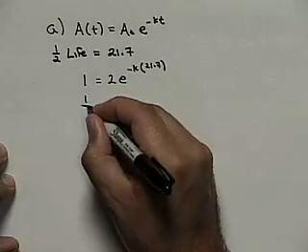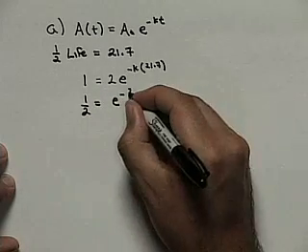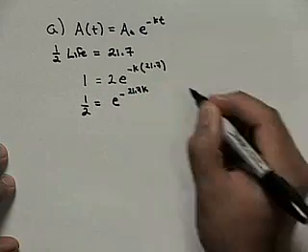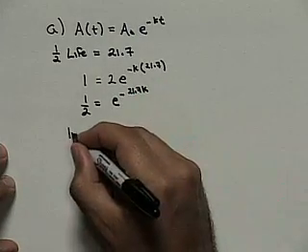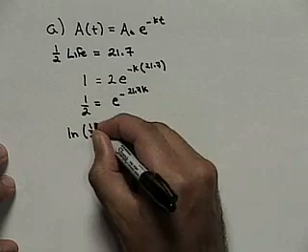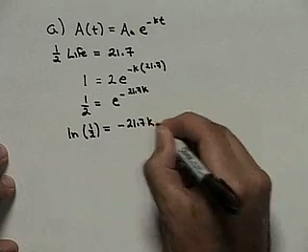Now we're going to solve this equation for k. We start by dividing both sides by 2, which gives us 1/2 equals e to the negative 21.7k. Taking the natural log of both sides to get rid of the e, we end up with the natural log of 1/2 equals negative 21.7 times k.